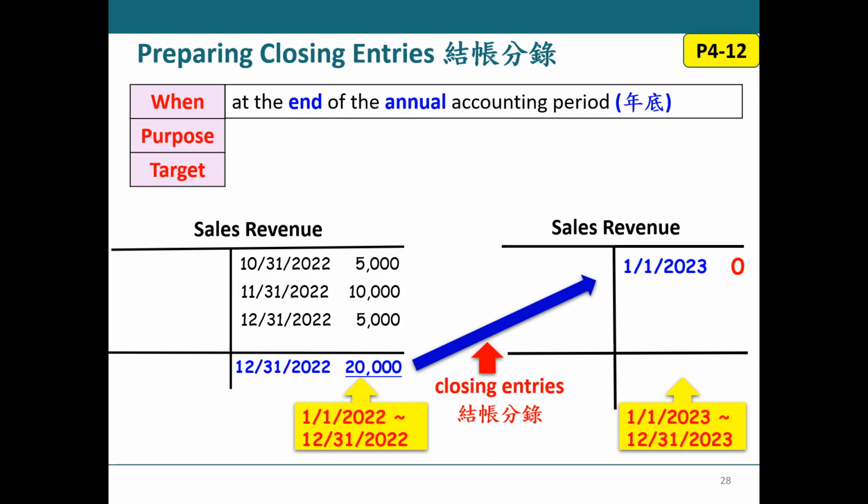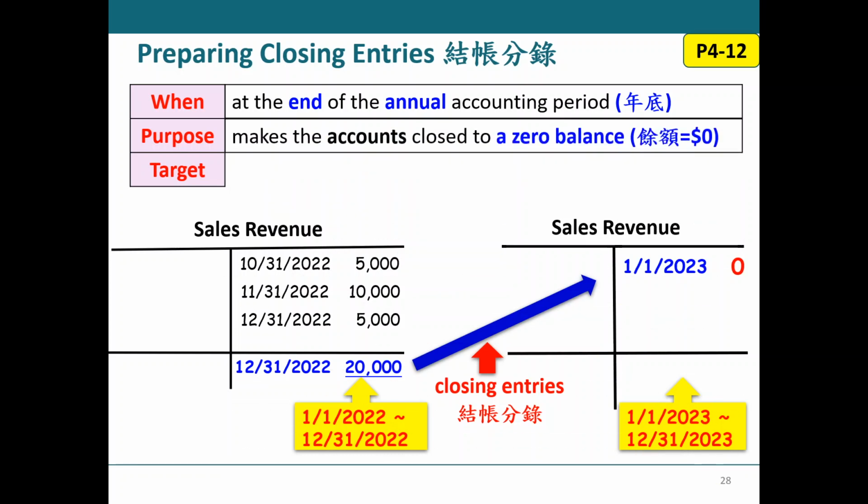Yeah, to make some accounts become zero for next year, because some accounts we accumulate numbers only for 1 year. So don't forget our purpose: to make some accounts become zero for next year.